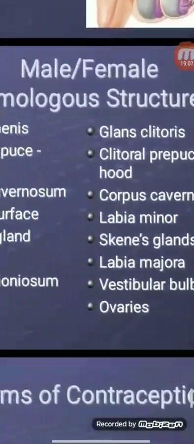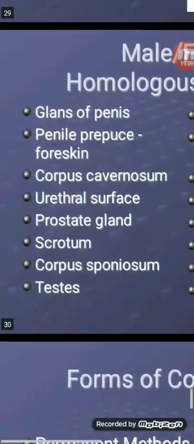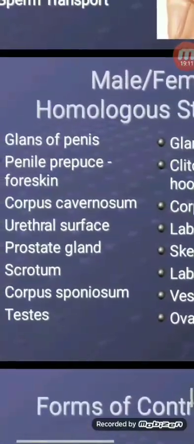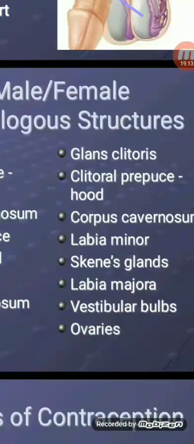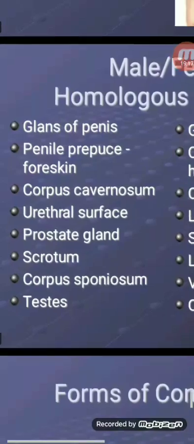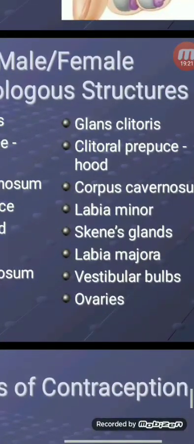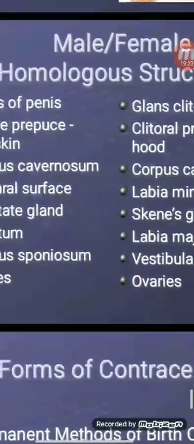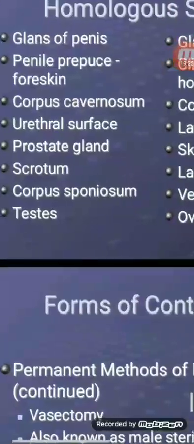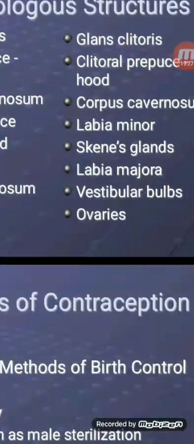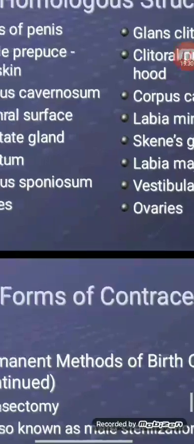Homologous structures: the glans penis in the male, like the glans clitoris in the female. Penile prepuce or foreskin, clitoral hood. Corpus cavernosum, corpus cavernosum.